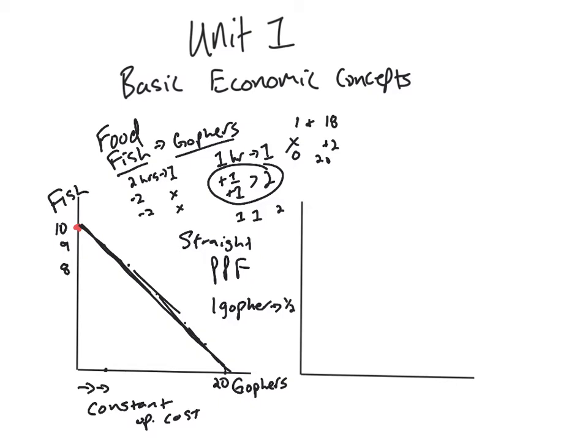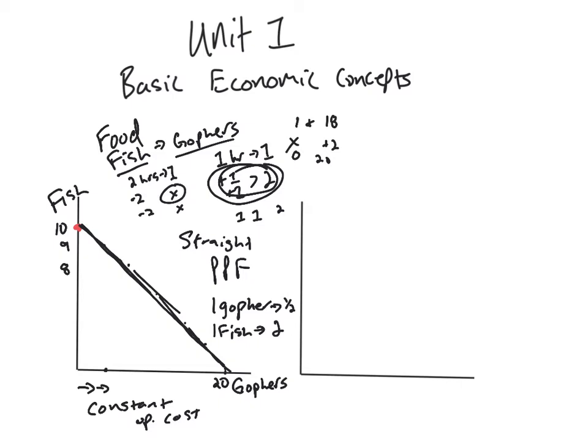Well, what's the opportunity cost for 1 fish? For every 1 fish that he produces, what's his opportunity cost in terms of gophers? We looked at it up here: how many gophers was he able to gain with each fish? The answer would be 2.